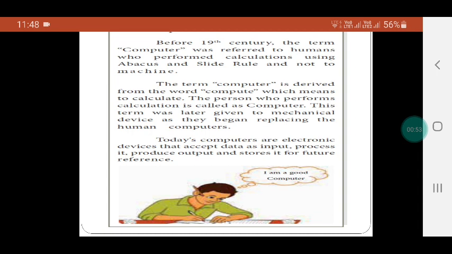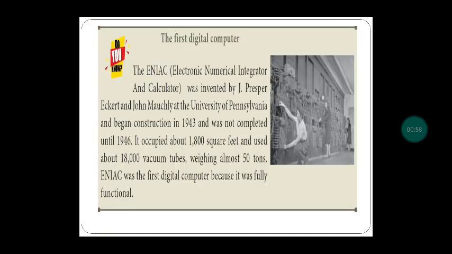A computer also performs basic operations. The first digital computer was a room size computer. Let's look at the picture. This computer's name is ENIAC, that is Electronic Numerical Integrator and Calculator, and it was invented by Presper Eckert and John Mauchly at the University of Pennsylvania in 1943 to 1946.